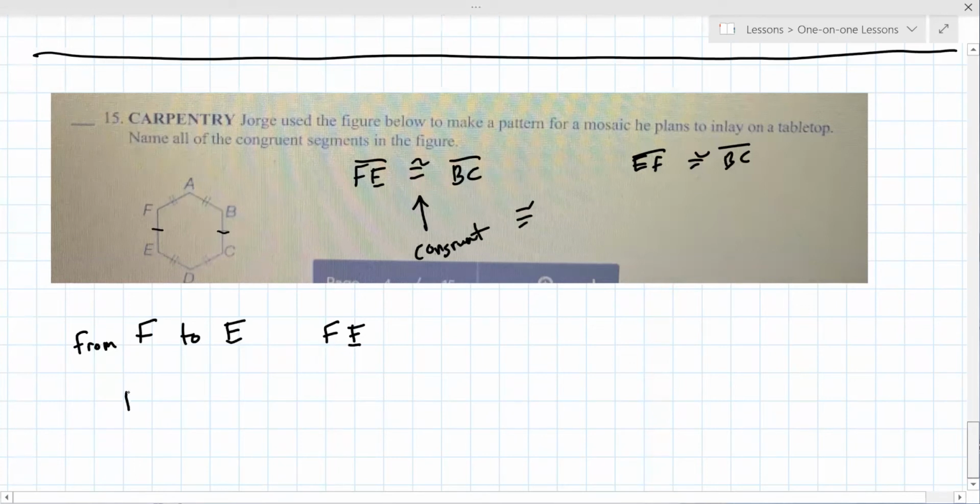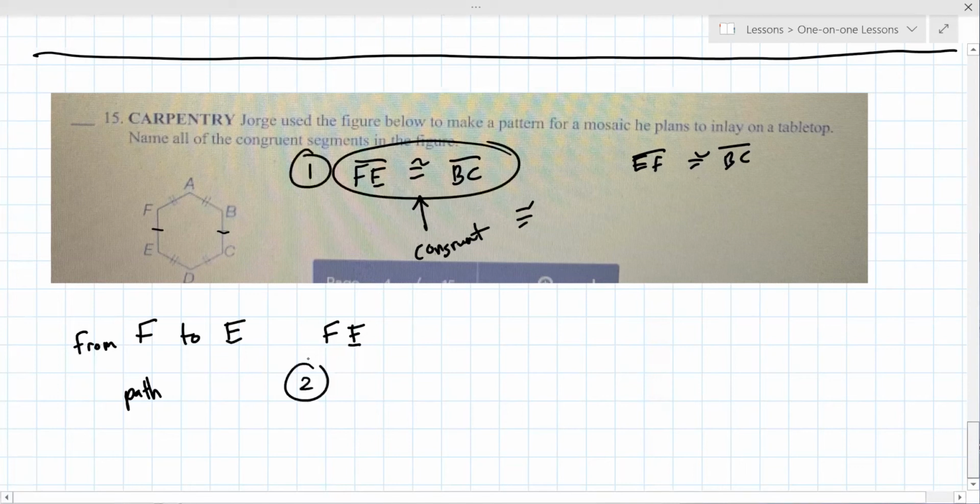I think of it as a path, and that way you know where you started and where you ended. I find that to be more clear when I'm explaining this and learning it. So FE is congruent to BC. That's the first type of congruency.